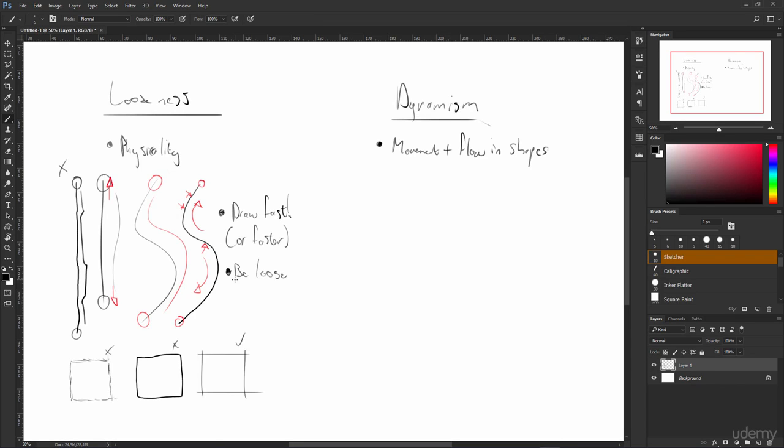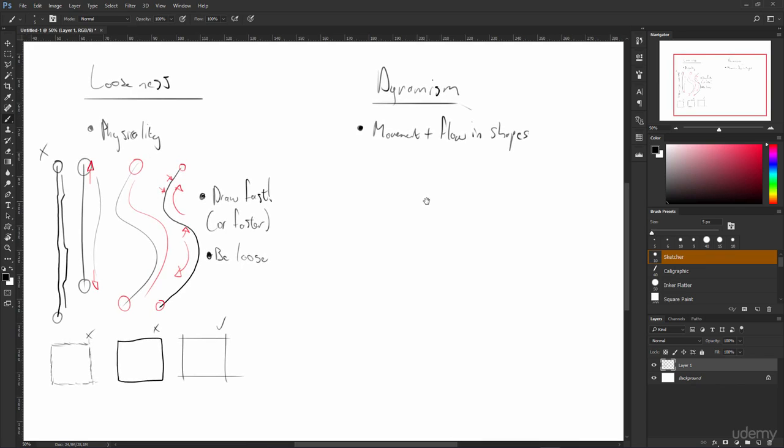Dynamism, on the other hand, is a completely different topic. It's not got to do with physicality. It's got to do with theory and understanding the difference between something that is static and something that is moving. So when we're talking about dynamism, I'll give you an example. Let's draw a triangle.